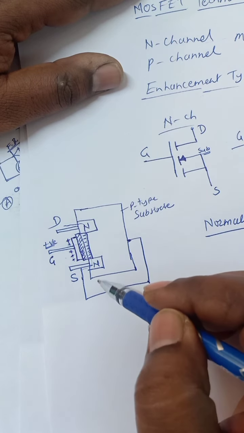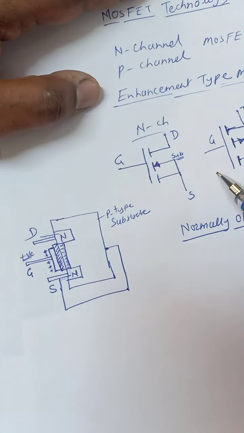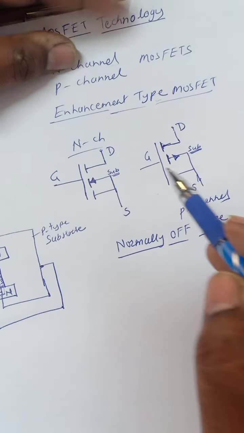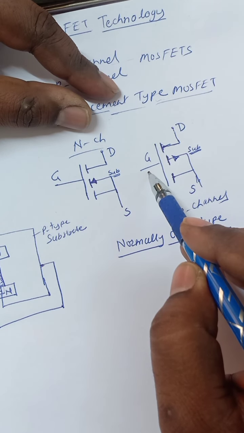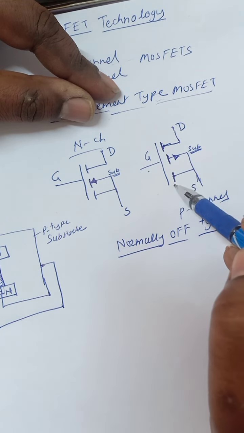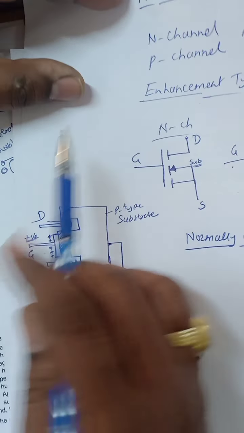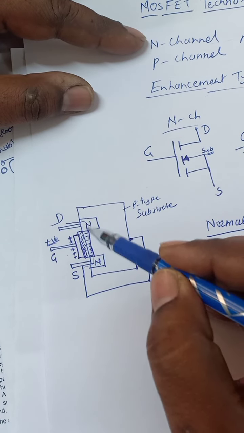So this is the action of the N channel. For P channel, we require the opposite voltage. If we apply a negative potential, then a positive inversion layer is created between drain and source, and then current starts to flow. That means the channel is built.